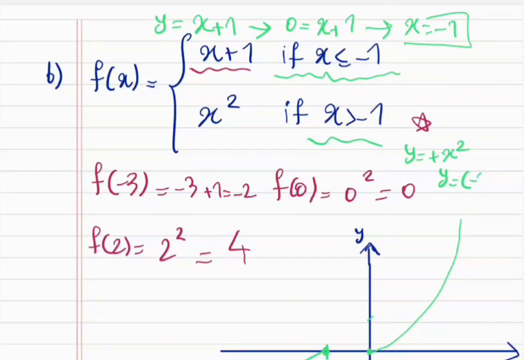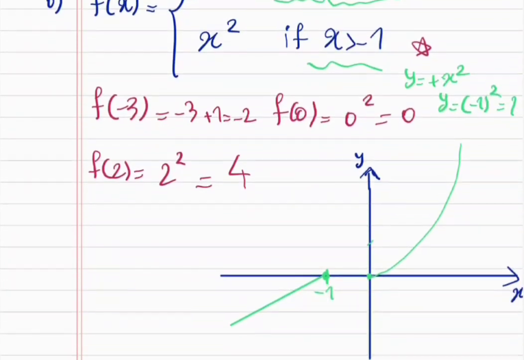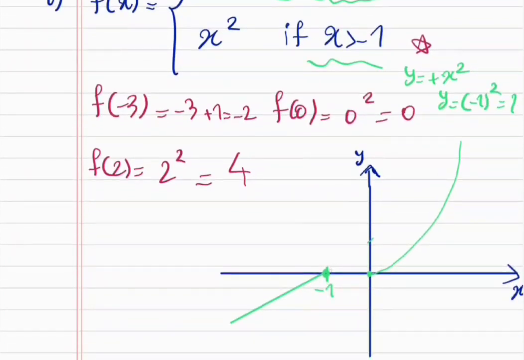That is 1. So when x is minus 1, y equals x squared is equal to 1. Let's say here is 1, so basically it is here. Therefore, if we continue, we stop here.